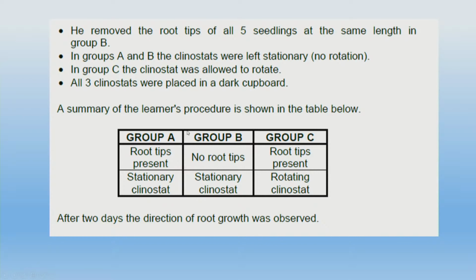The effect of auxins on root growth: that will be group A and group B. Group A has the root tips, and the root tips have been removed in group B. So group A and B were used to obtain information about the effect of auxin.